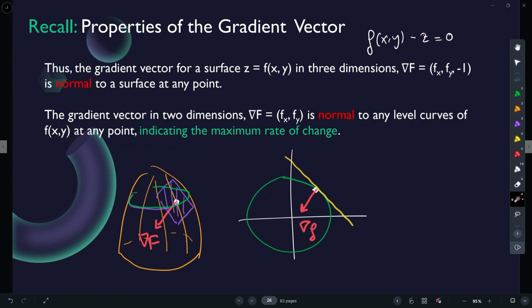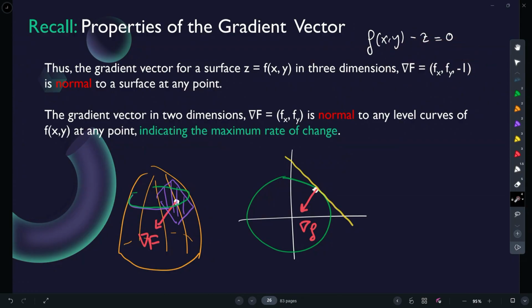This doesn't depend on y, so it's just fy. And the derivative with respect to z, it does not depend on z, and the derivative with respect to z here is -1. So the formula for the normal vector in 3 dimensions, to come up with a tangent plane, is given by this with a -1 at the end.